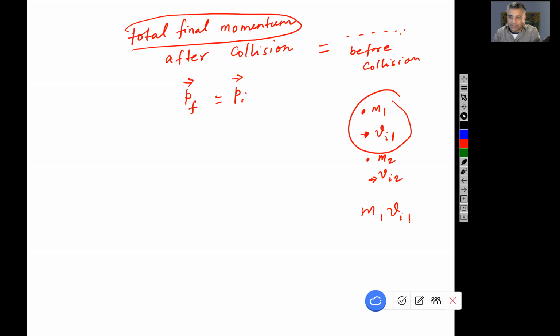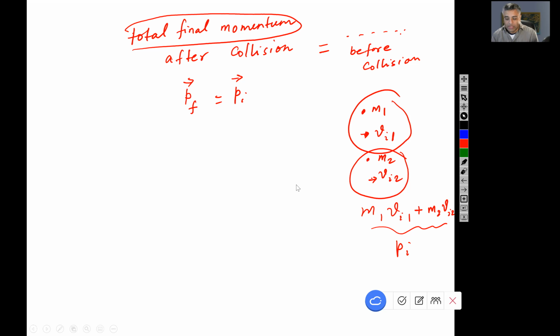It's just a notation. So this is the momentum of object 1. And we have another object that has a momentum before collision, so we write m2 v_i2, or v2i. So that's the total momentum before collision, that's the p_i. And you can do the same thing for p_f. So that's how we use it.